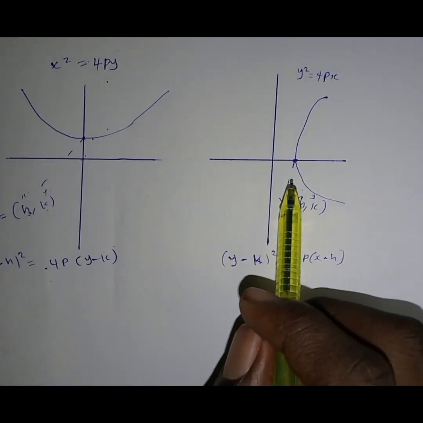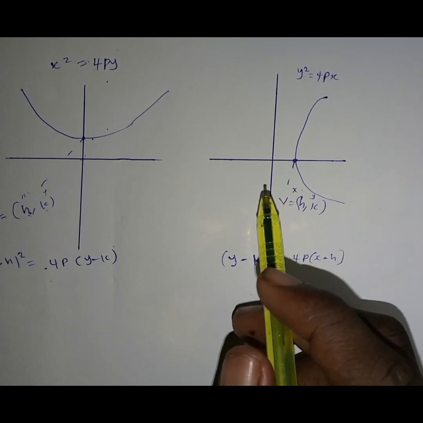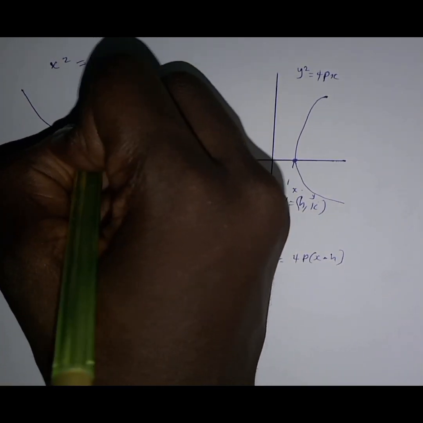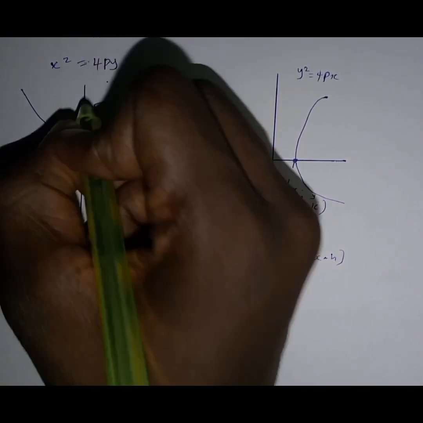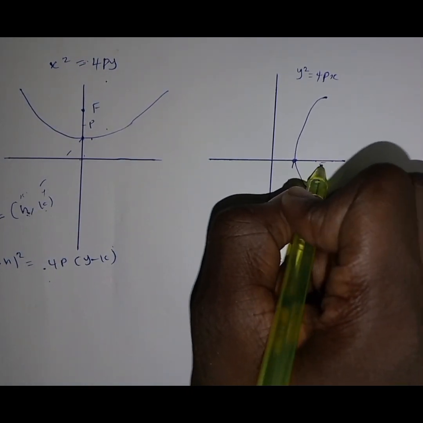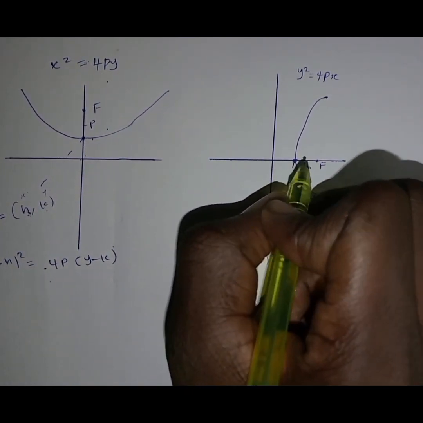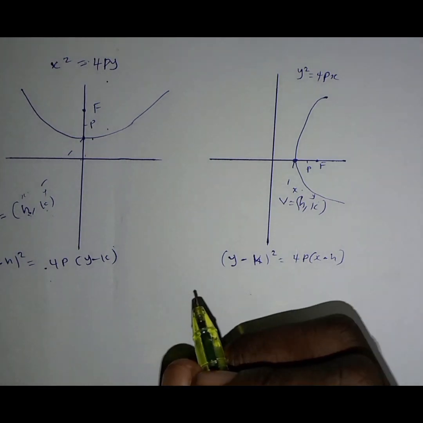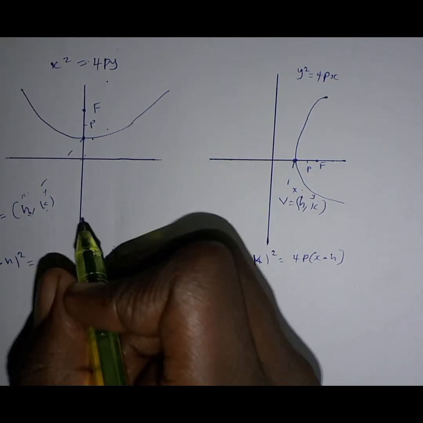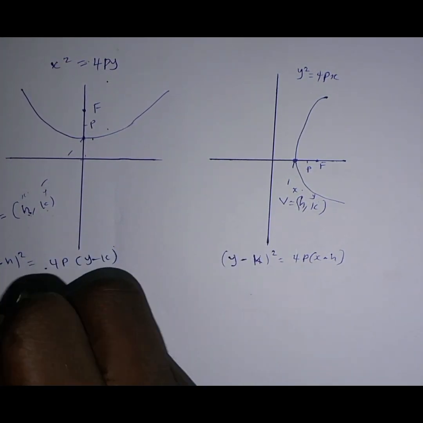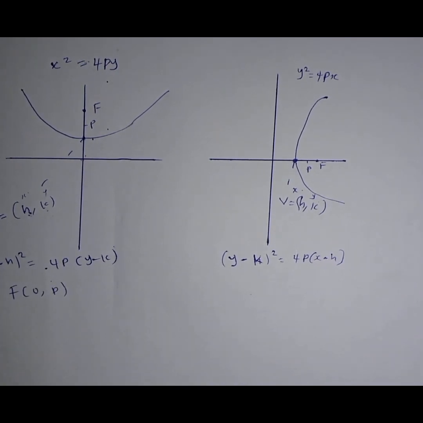Now this also affects the focus. The focus will be at this place, and this distance is p. Now it will affect the focus. For this graph the focus is (0, p).